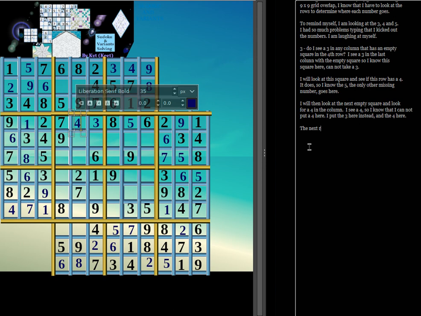Now the next row has 5 empty squares in a row. I am missing the 1, 2, 5, 7, and 8.